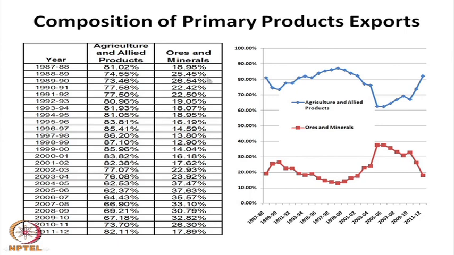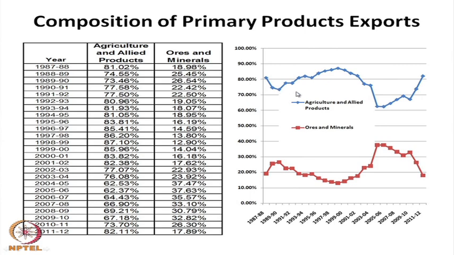However, ores and minerals fluctuate every year in the export basket. If you see the graph, there is a significant decline of ores and minerals up to 2004-5. After that it increased, and then declined further in 2011-12.